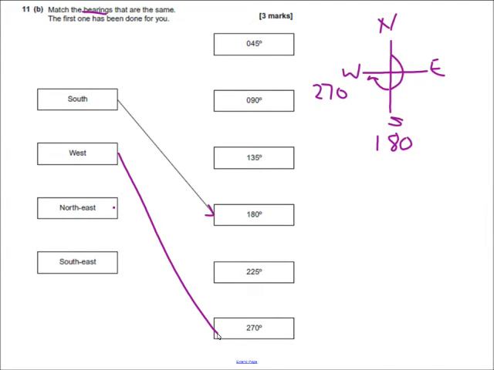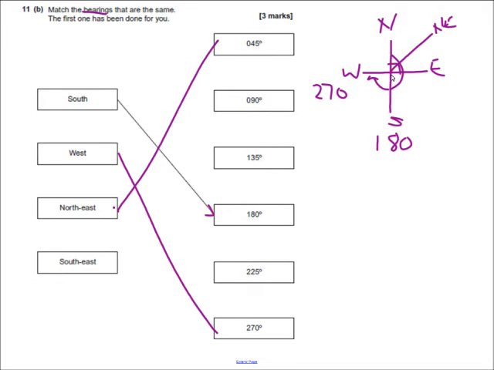Now they're asking us for some intercardinals. So north-east lives between north and east, and it's half of 90 degrees because north to east is 90, northeast is 45. So the northeast card matches with 045 degrees. And then finally southeast.